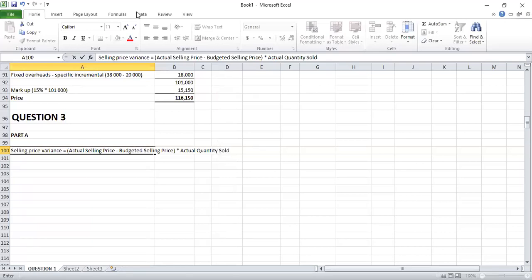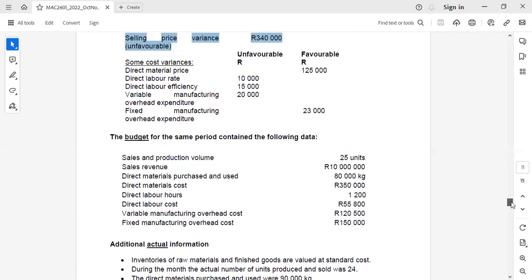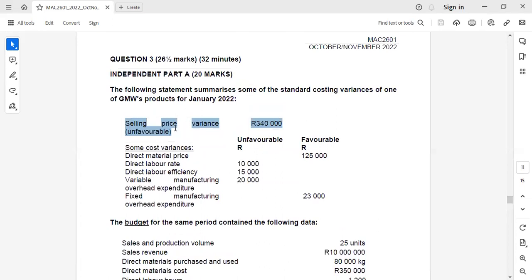Right. The selling price variance we are given is 340,000 and it's unfavorable. That means it's negative 340,000.